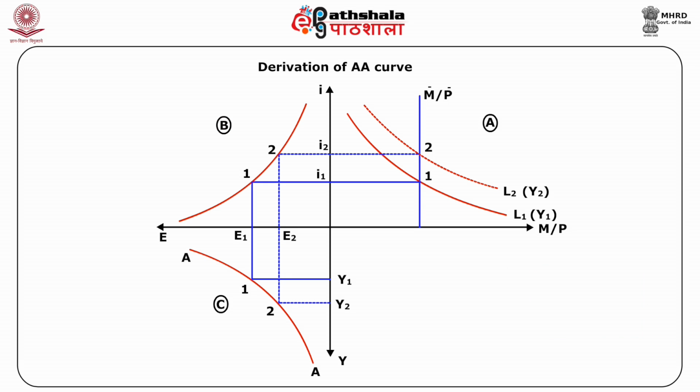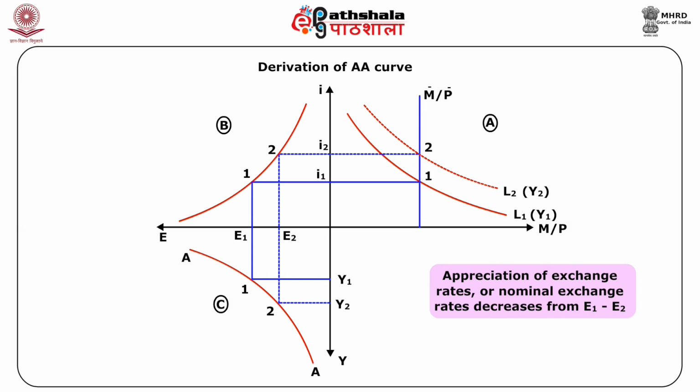Panel B shows the equilibrium in the foreign exchange market. An increase in interest rates from I1 to I2 increases the returns on domestic assets in comparison to foreign assets. Given the foreign interest rates fixed at I star and the interest parity condition, it leads to an appreciation of exchange rates, or nominal exchange rates decrease from E1 to E2.